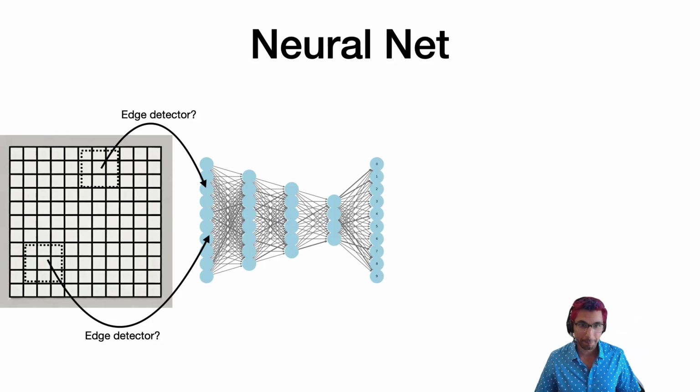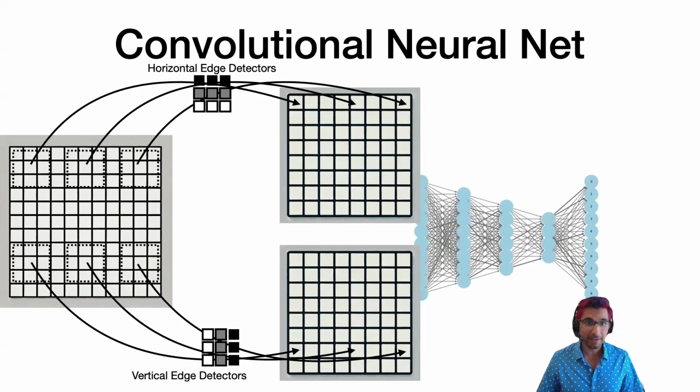in the array. And so what they found is that rather than having hundreds of unrelated neurons on that first hidden layer, they would make a whole grid of neurons in that first hidden layer that correspond to all the positions in the array of pixels.